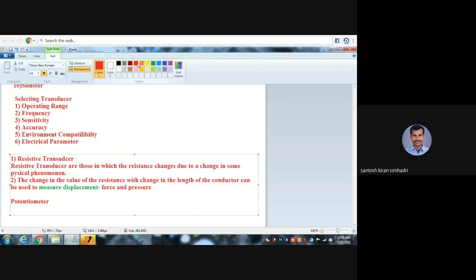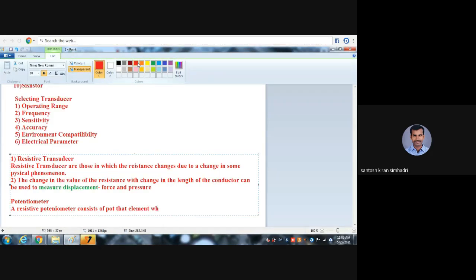I will write one definition. A resistive potentiometer consists of a pot. What is the use of the pot? If you vary the pot, the resistance value is varied.